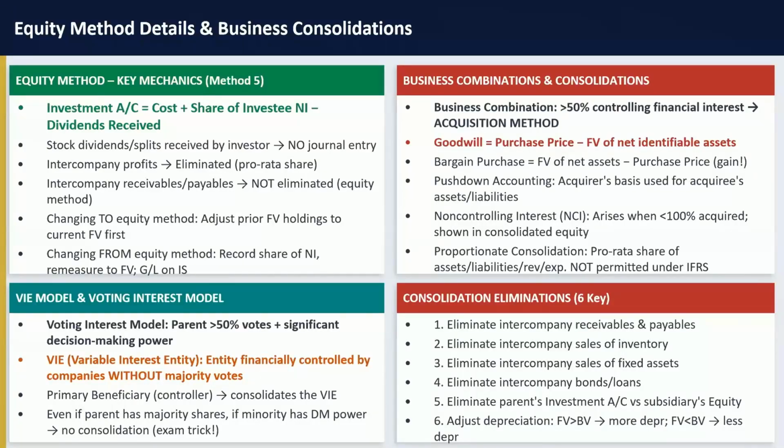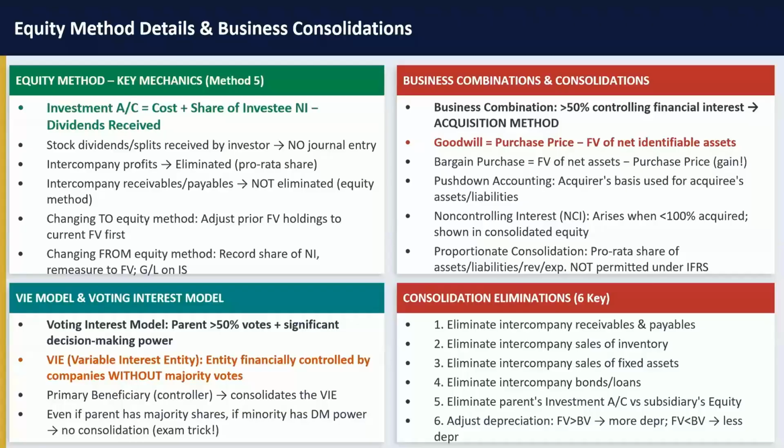Okay, so next up we have the variable interest entity model. In this variable interest entity model, there will be so many companies and none of the companies will have more than 50% of shares. Suppose one company has 30% shares, another has 40% of shares, and the remaining companies have 20% shares. None of them have more than 50% shares.